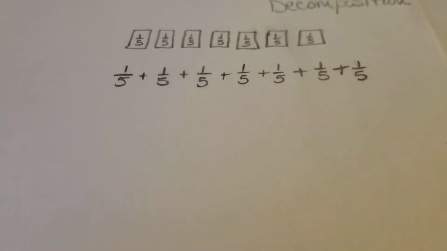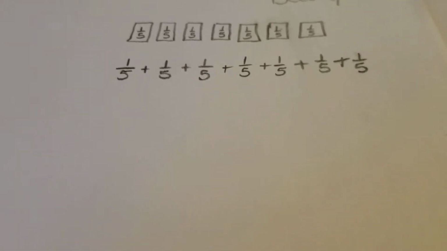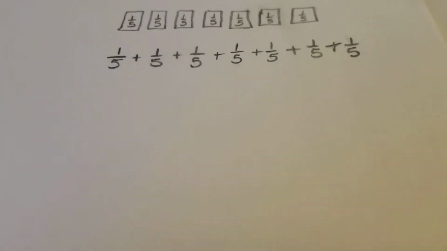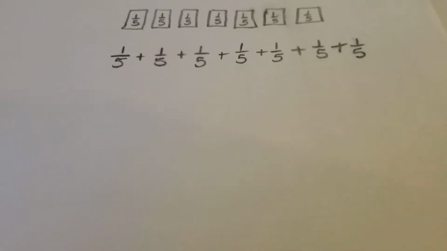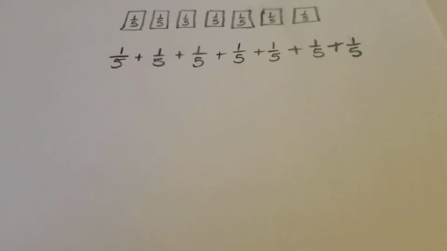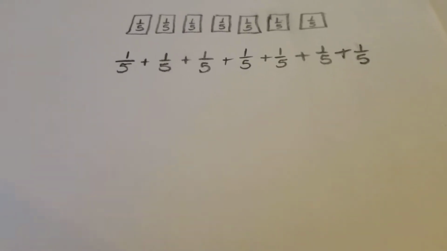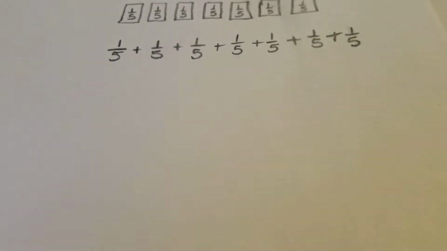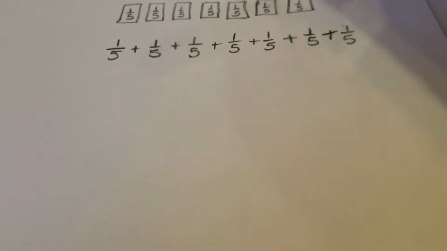So now, if I think about what a mixed number is, I know a mixed number has to have wholes and it has to have a fraction. Right now, all I have is fractions. So now I need to take these fractions and identify a whole. Well, I know that in fractions, a whole has the same numerator as it does denominator, because that means the whole piece is shaded or the whole pie has been eaten. So that means every piece is accounted for. Since my denominator is 5, that tells me how many pieces my whole is partitioned into.